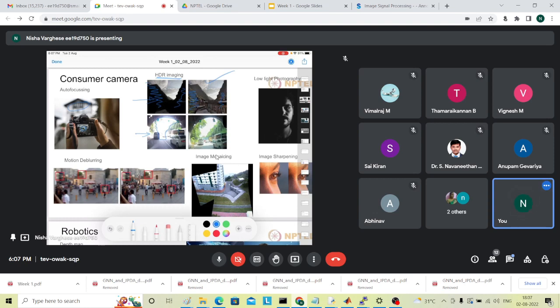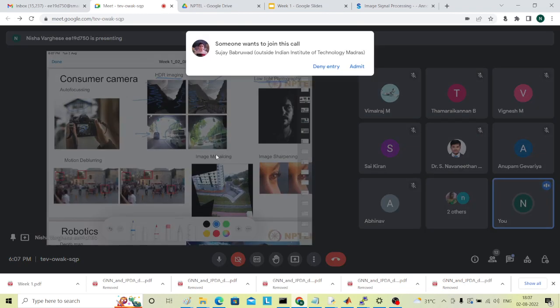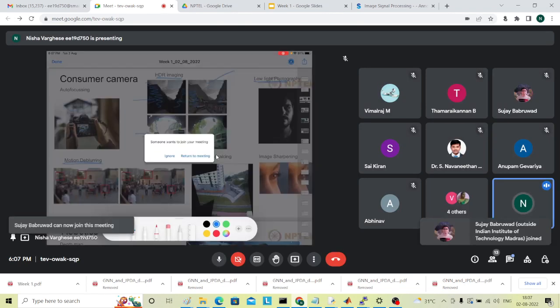Okay. Then comes low light photography. In low light photography, as professor already discussed, photon noise is the main issue. So that topic we will cover later. Then comes motion deblurring.